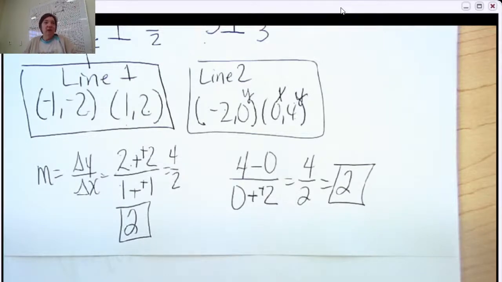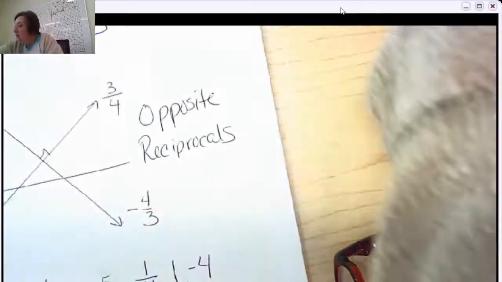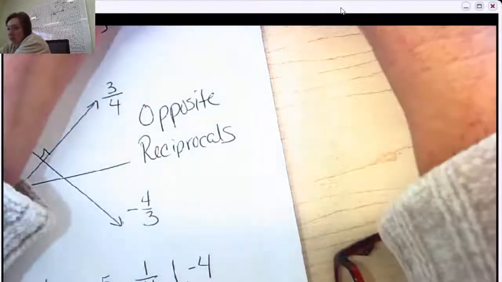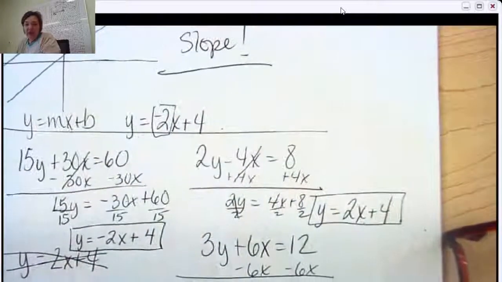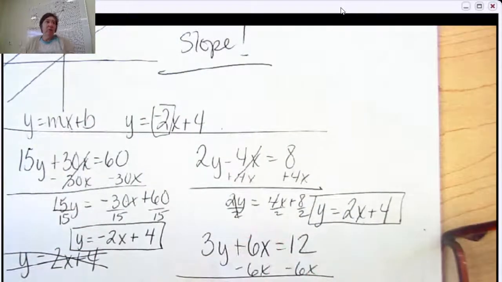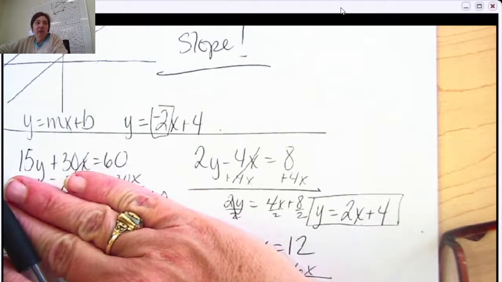The key here is knowing which lines are parallel by their slopes, knowing which lines are perpendicular by their slopes, and knowing that if you're looking at equations like these here, you have to put them in slope intercept form to be able to tell what the slope is. You can't tell what the slope is looking at that one right there. You just can't.